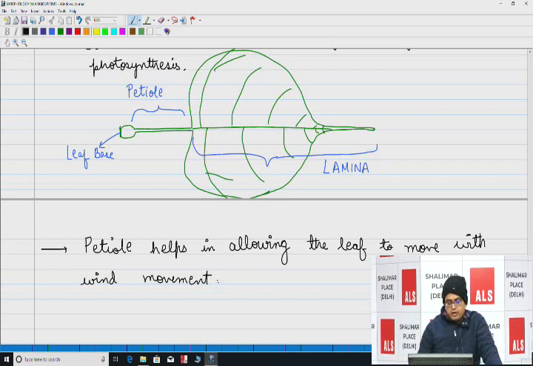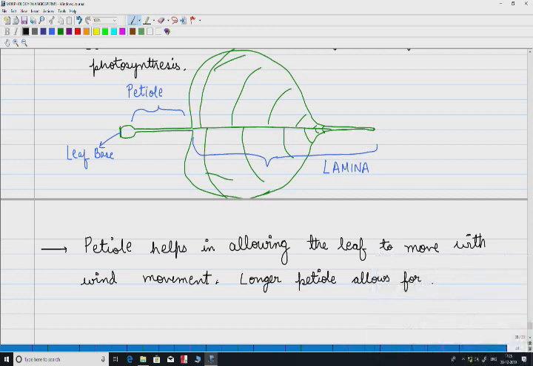A longer petiole allows for rapid cooling in hot conditions.